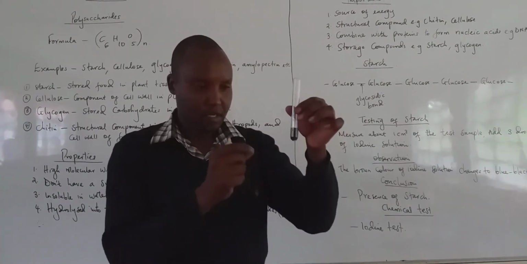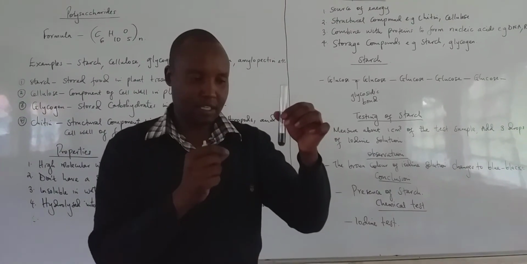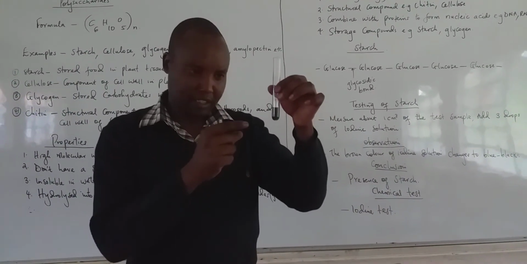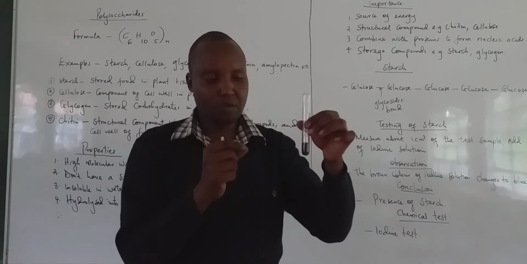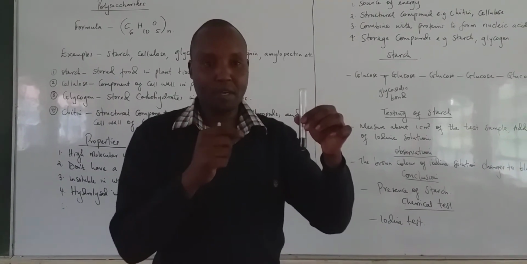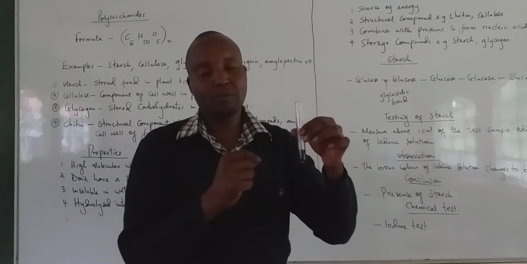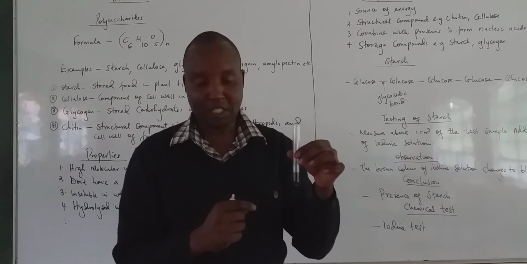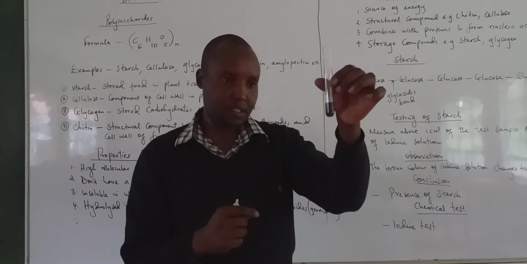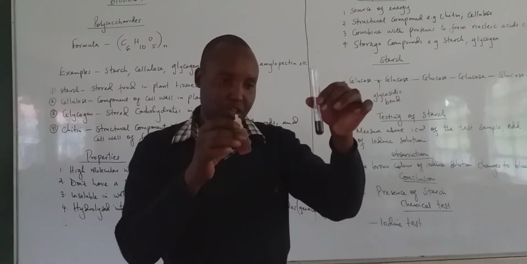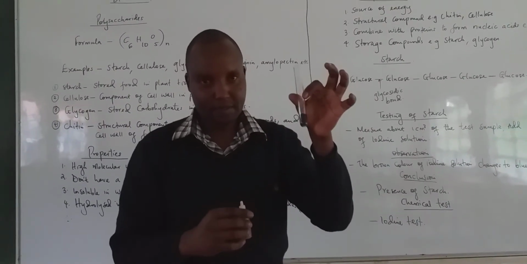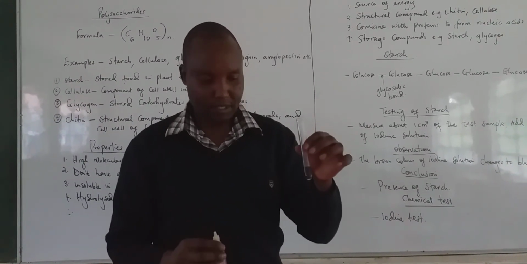They put very little starch and they want you to be very exact when it comes to observation. So you will just see a blue-black ring when the amount of starch is minimal in a food sample, especially when it is mixed with other food substances that you are required to test. Otherwise, this is the color of blue-black. The brown color of iodine solution changes to blue-black. That is all. It's the end of our lesson.